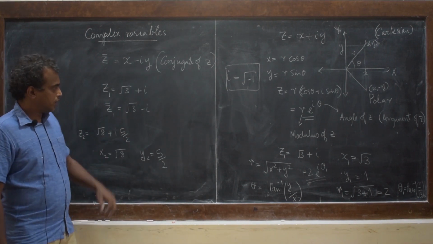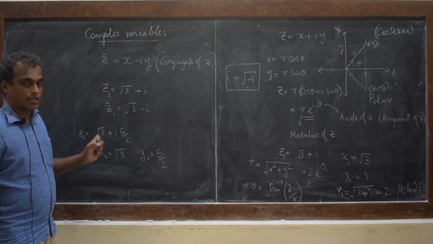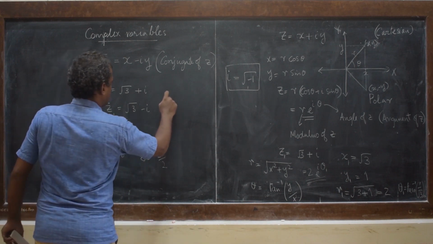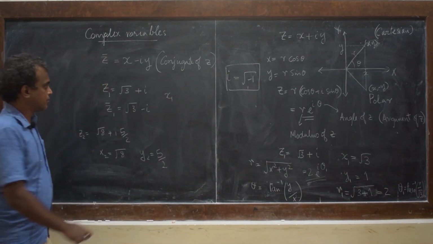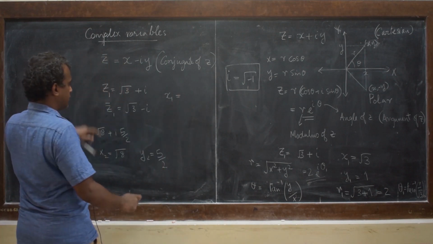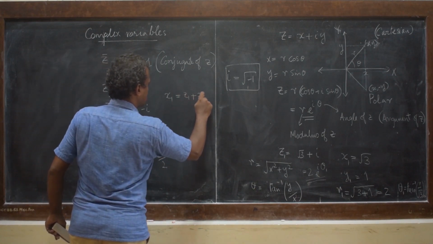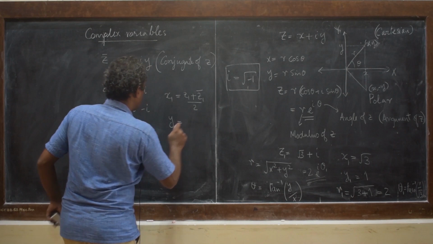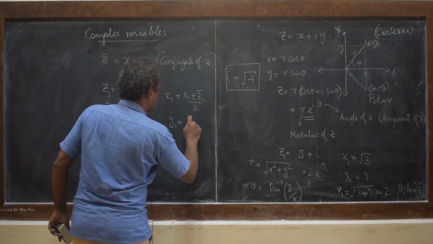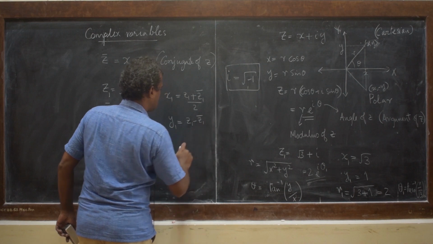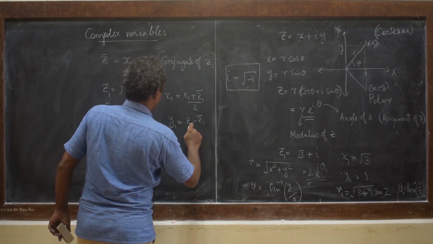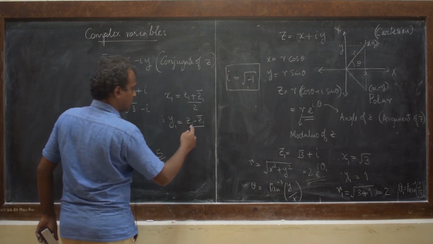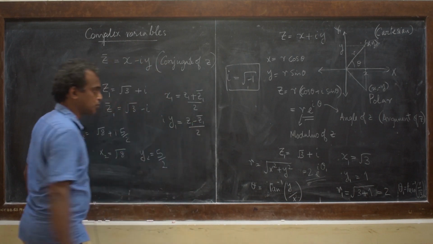In order to write this complex number in terms of the complex number z1 and its conjugate z1 bar, let us note that x1, the real part of this complex number, can be easily seen to be (z1 plus z1 bar) over 2, and y1, the imaginary part of this complex number, or i times y1, is (z1 minus z1 bar) over 2.